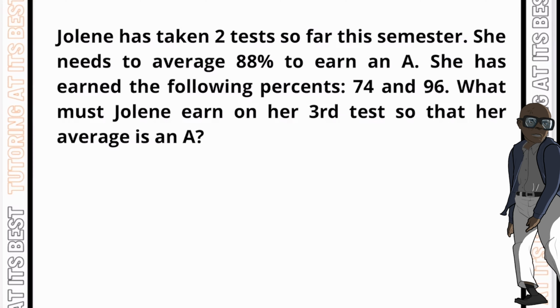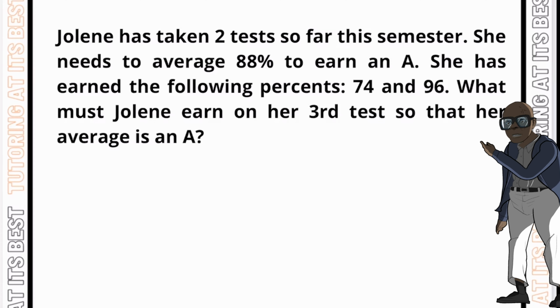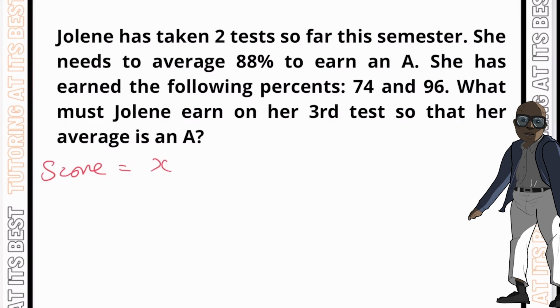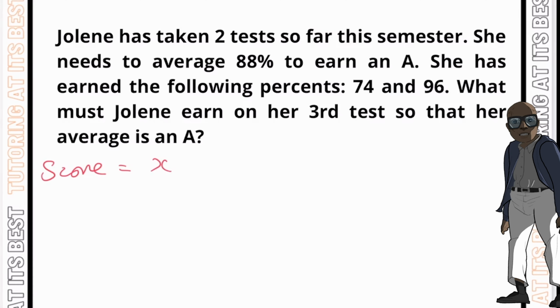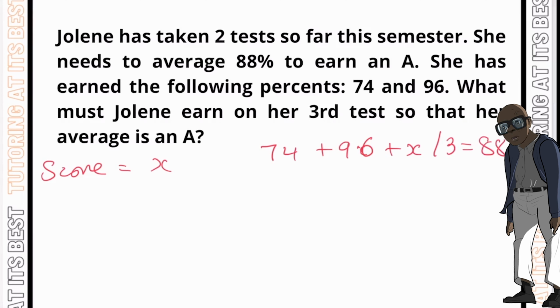So again, we're going to take the algebraic approach where we're going to let X be the score that Jolene needs. And now to find the score that she needs to earn on her 3rd test, we can use the following equation where we're going to take 74 as a percentage plus 96 plus X, and we're going to get the mean of this, which is the average. And we know it equals 88%.